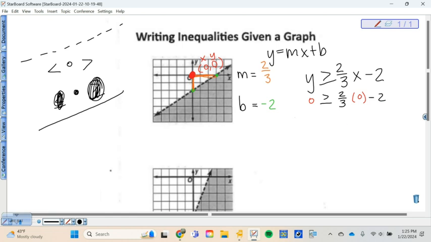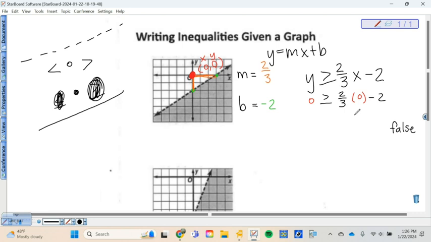Let's try it. First of all, before we do that, is 0, 0 a solution or not a solution, do you think? It's not a solution because it's not in the shaded area, right? So that means this inequality should be false. It should give me a false inequality because 0, 0 isn't a solution.